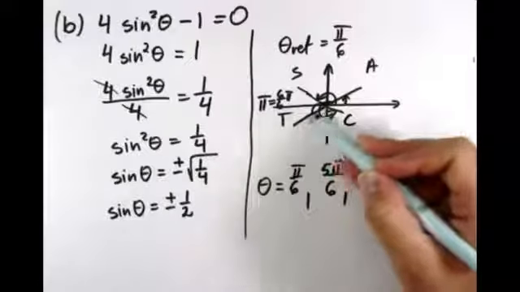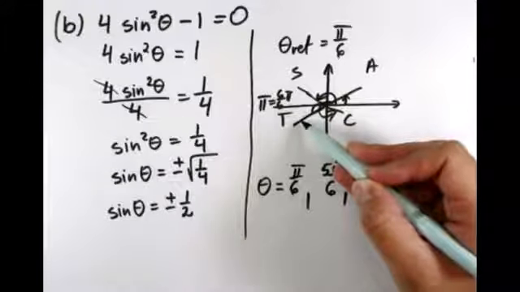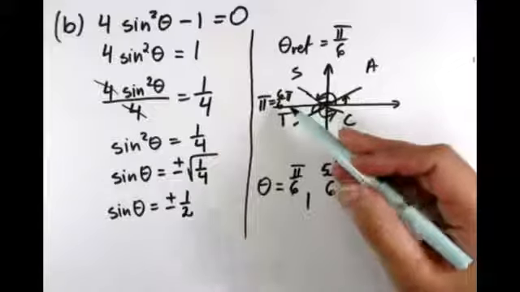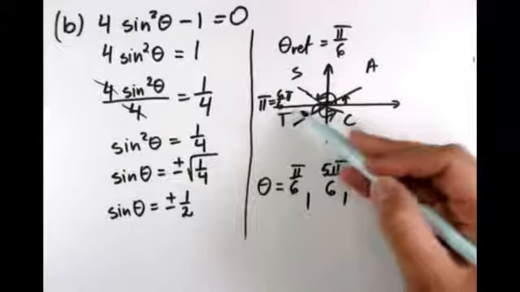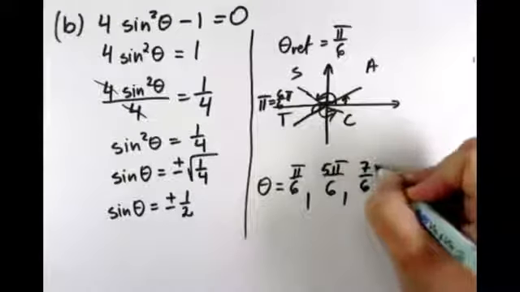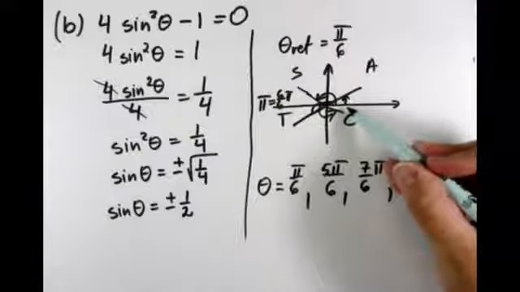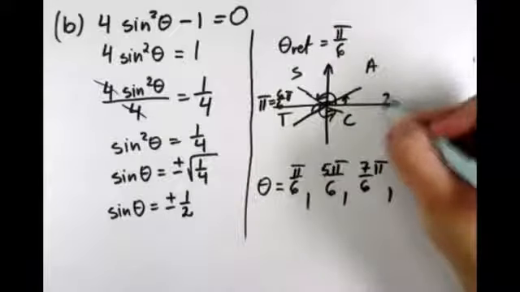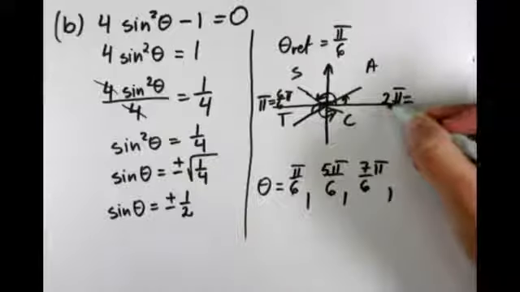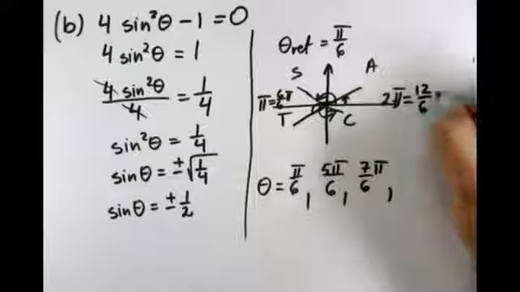But this angle is whole pi plus the reference angle. So whole pi plus that pi over 6 or 1/6. So 6 plus 1/6 gives me 7/6 of pi. And the last angle is a whole revolution, which is 2 pi, or in terms of 6s, 12/6 pi.